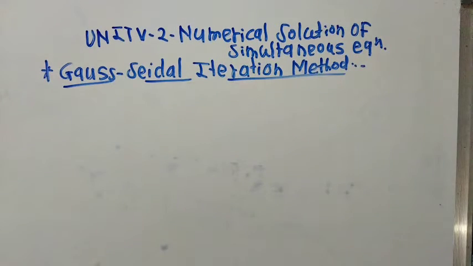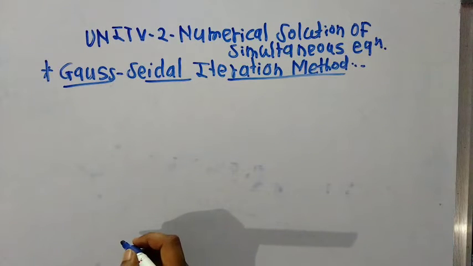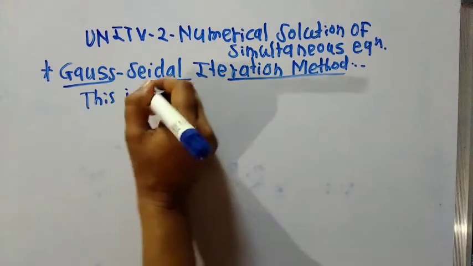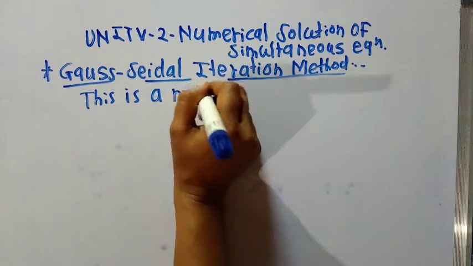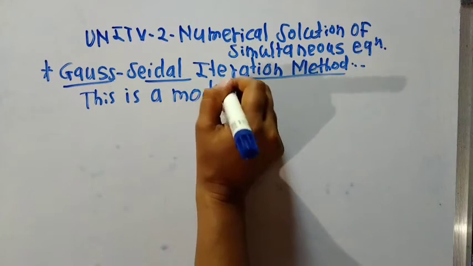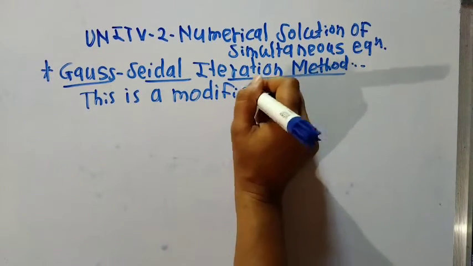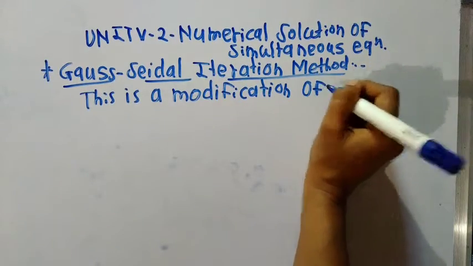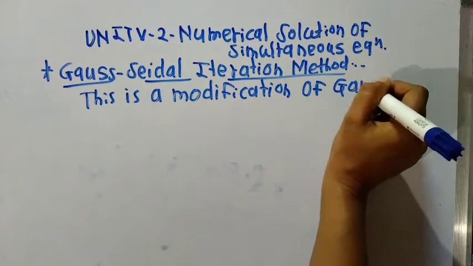And the Gauss-Seidel iteration method is a modification of the Gauss-Jacobi method.